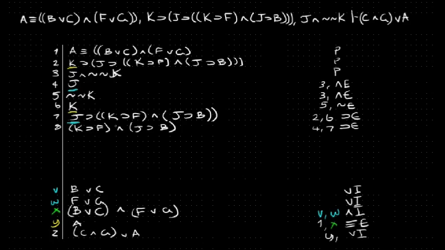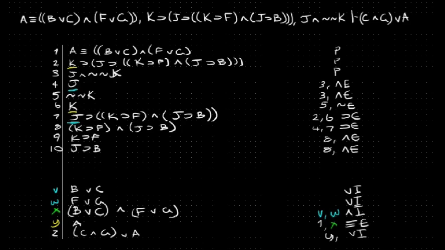Well, looking at our premises, especially this one, in fact, let's do a little bit more work from here. We've got K then F and J then B. From that we can get K then F on its own, this conditional statement. That's from 8, conjunction elimination. And on line 10 we can get J then B, again from 8 and a conjunction elimination.